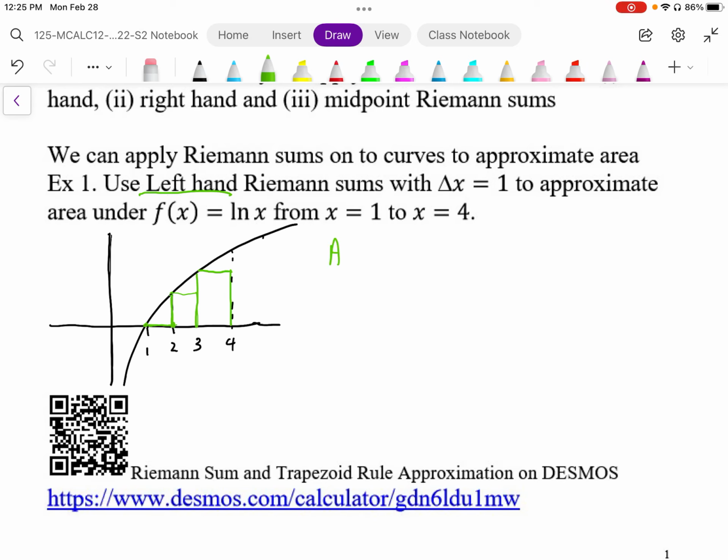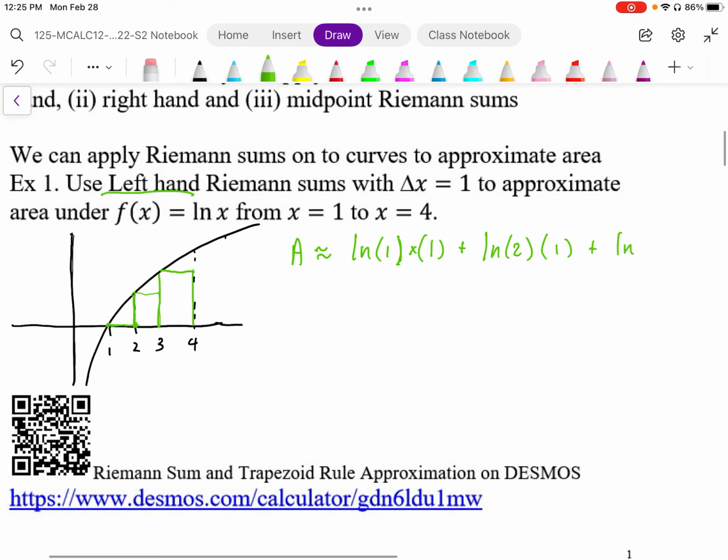The area is approximately equal to the height at 1, which is 0, times the width, which is 1. So that's the first rectangle. That's going to be 0, plus the height at 2 times the width of 1, plus the height at 3 times the width of 1.